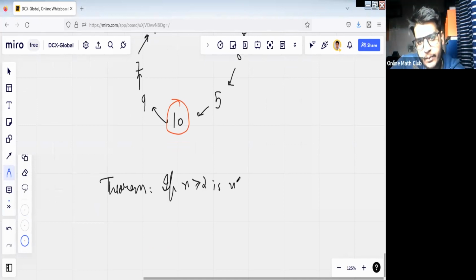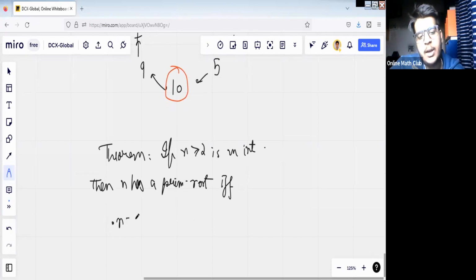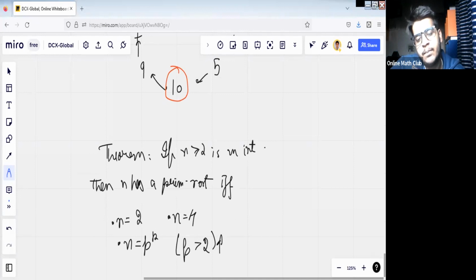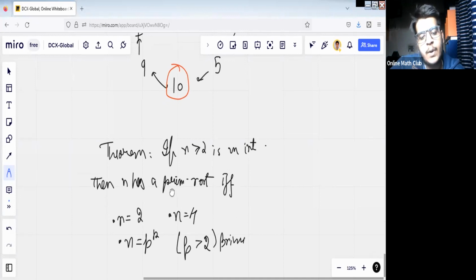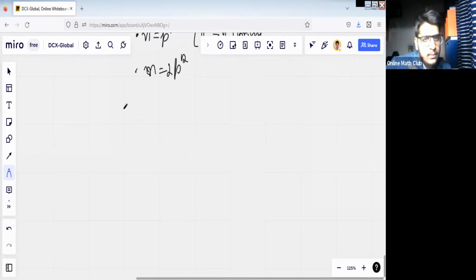If n greater than 2 is an integer, then n has a primitive root if and only if n is of one of the following forms: n is 2, n is 4, n is p to the power k, where p is greater than 2 and a prime, or n is 2p to the power k. So this is the theorem. So now try this problem.